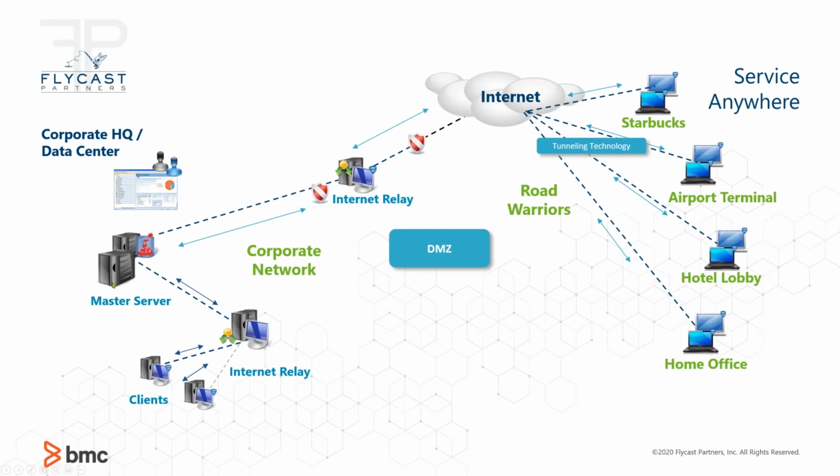I mentioned you can have relays at remote sites, but you can also put a relay in the DMZ. That way, if you've got people in terminals and roaming outside, they don't have to be on the VPN. None of this requires a VPN.